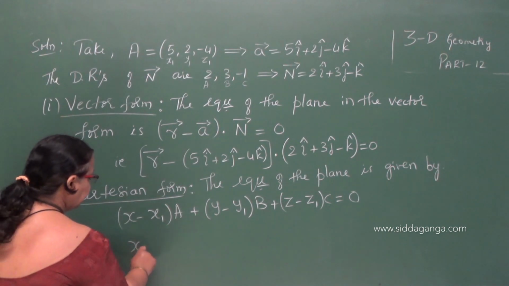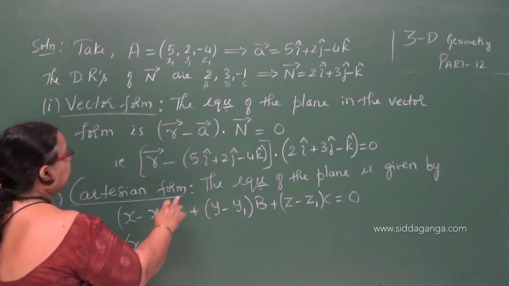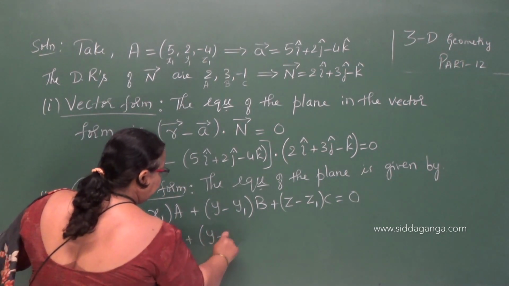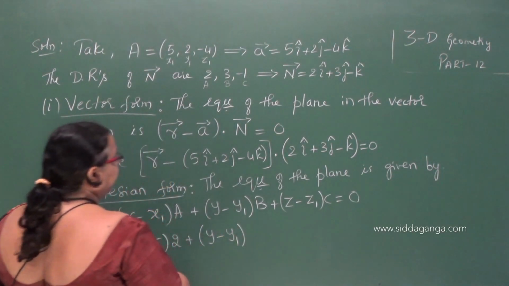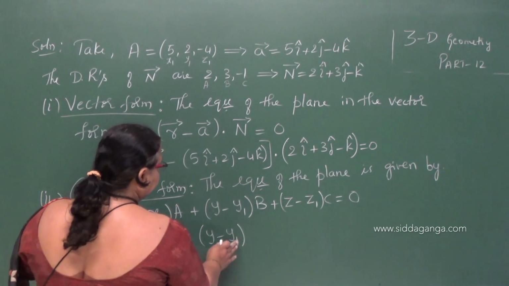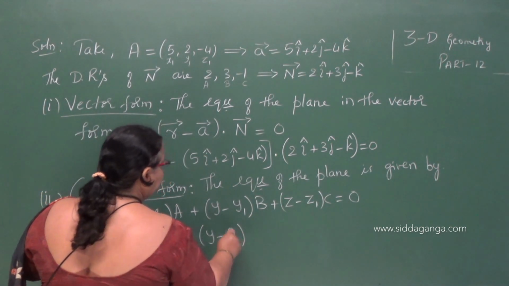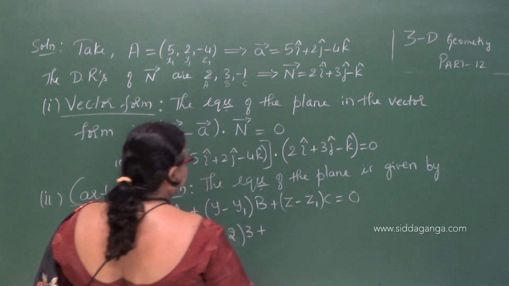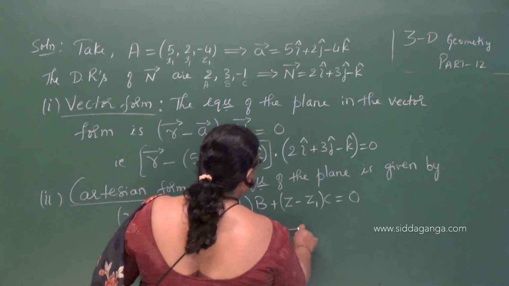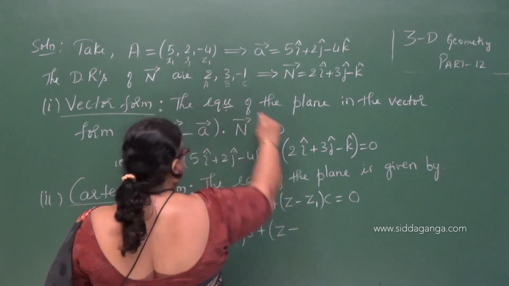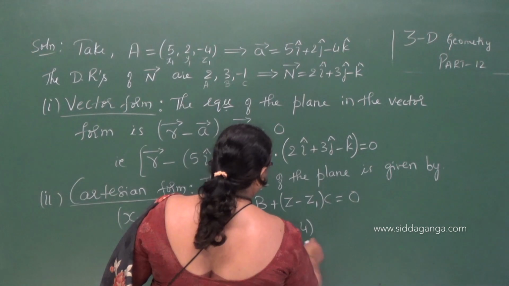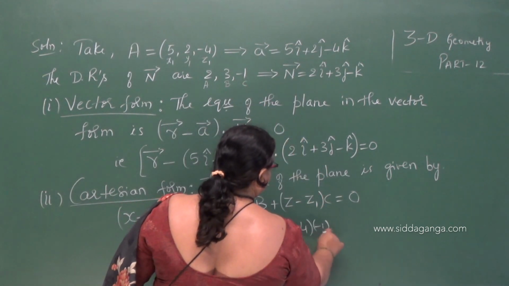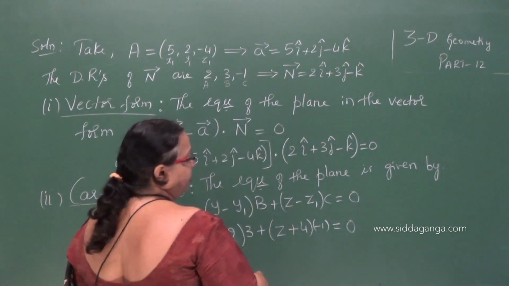That is (x minus 5) into 2, plus (y minus 2) into 3, plus (z plus 4) into minus 1, equals 0.